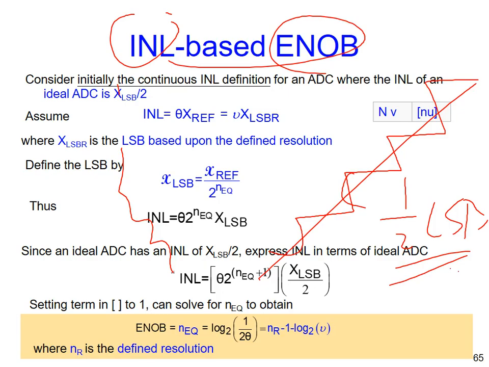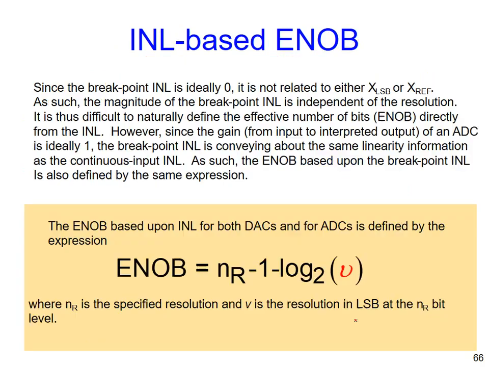Anyway, let's go for the result because we don't have such precious time. So allow me to show you the result to check whether it makes sense or not. All right, look, ENOB, the number of equivalent bits. That is the definition. Allow me to show you this. NR, nominal resolution. How many bits you claim ideally?